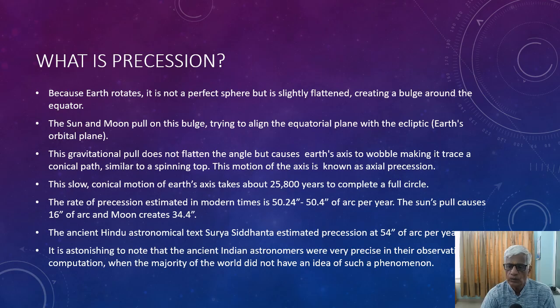We all know that the Earth rotates around its own axis in a period of very close to 24 hours. It's a very minor difference of the length of the day.